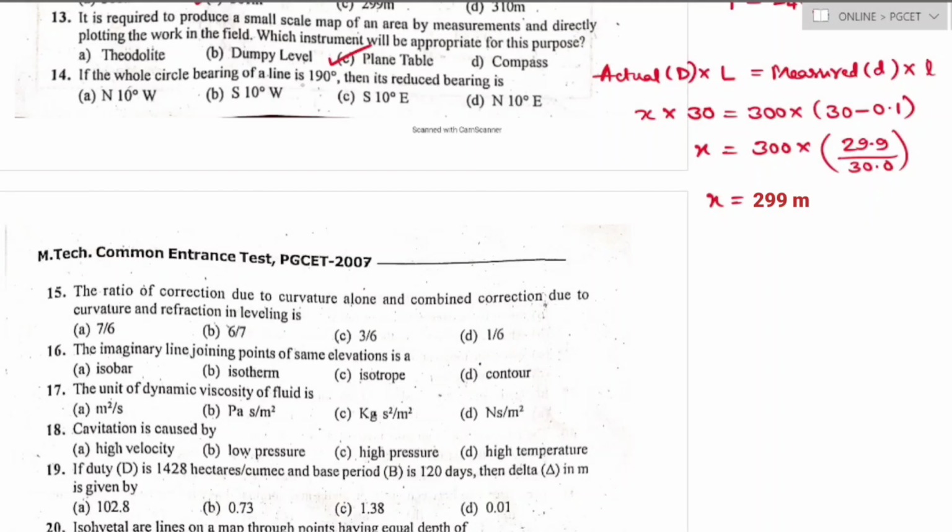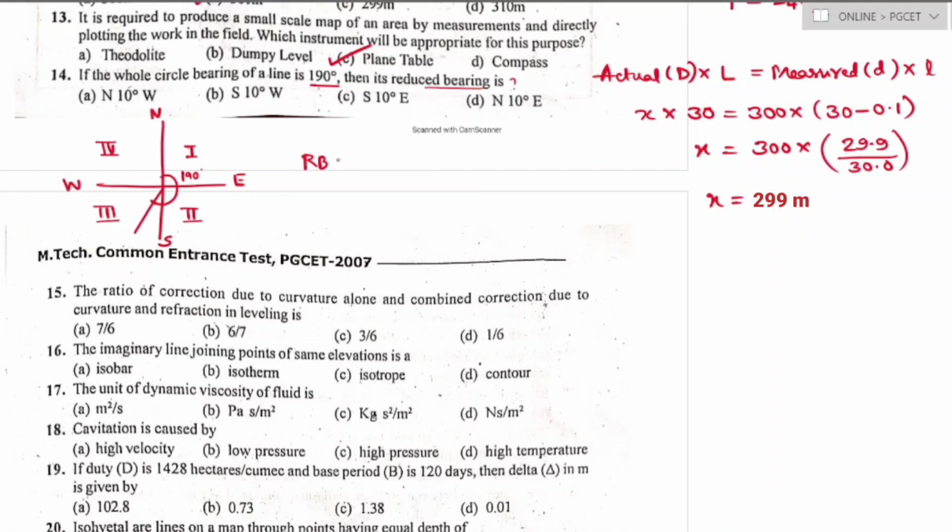Question number 14. If the whole circle bearing of the line is 190 degree, then its reduced bearing is. So let's draw a whole circle bearing system. This is north, east, south and west. This is first quadrant, this is second quadrant, this is third quadrant and this is fourth quadrant. The given whole circle bearing of the line lies in the third quadrant, that is for 190 degree.